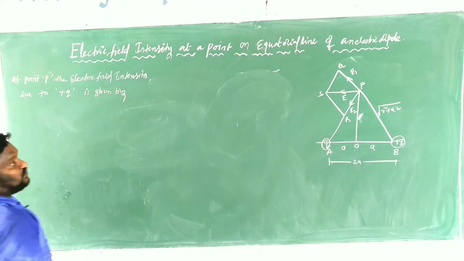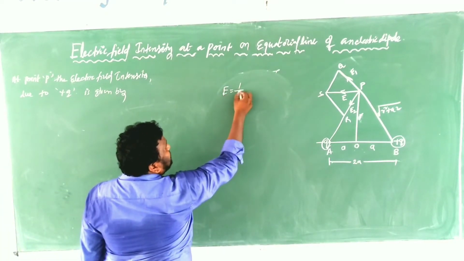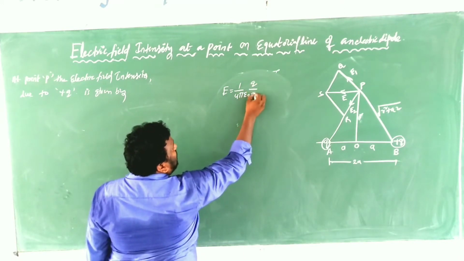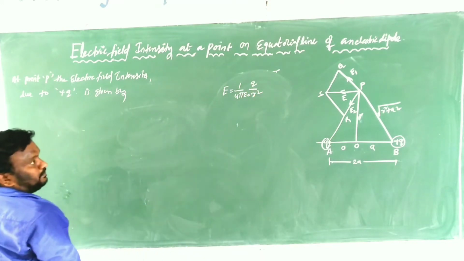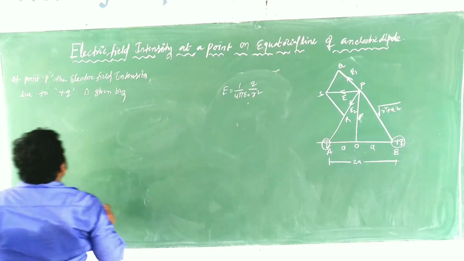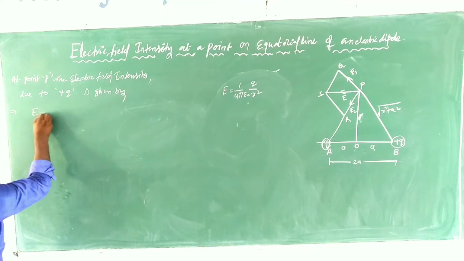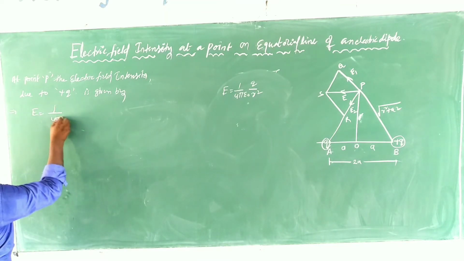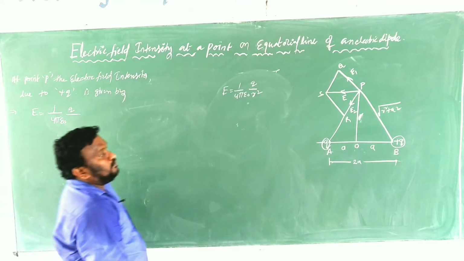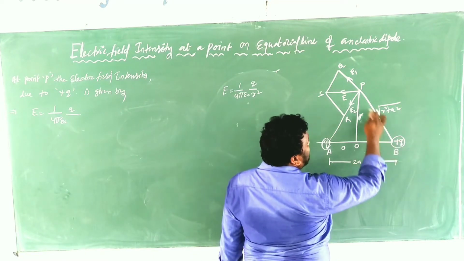Children, just now only I told you what's the electric field intensity due to a point charge. What is it? E is equal to 1 by 4 pi epsilon naught q by r square. Like that here, what is our distance? Here we write E is equal to 1 by 4 pi epsilon naught q by, here what is the distance from positive charge to the point?